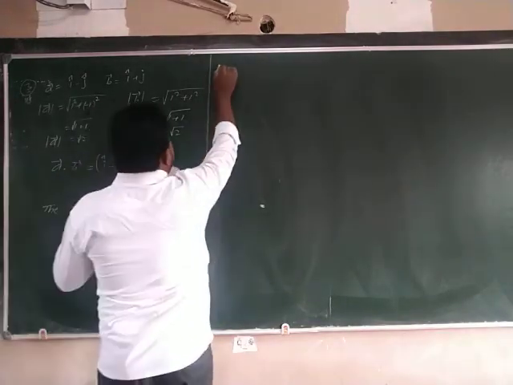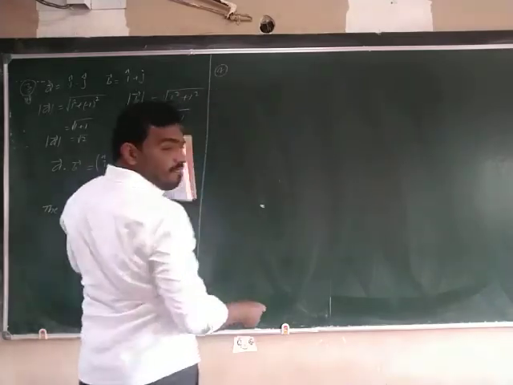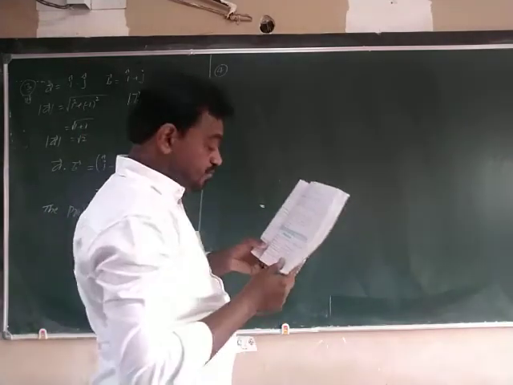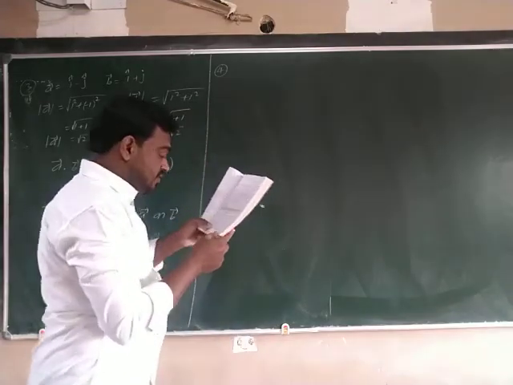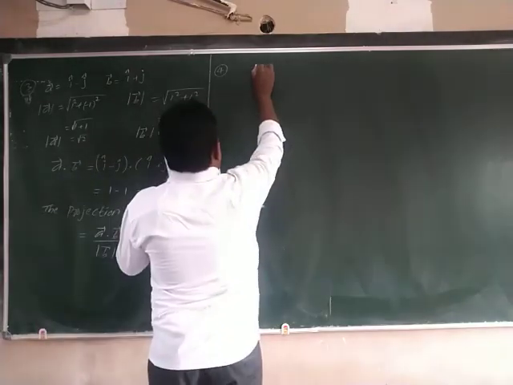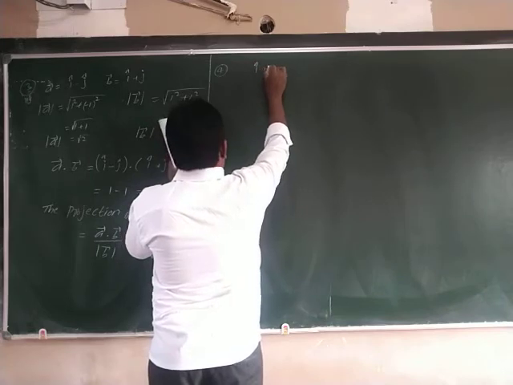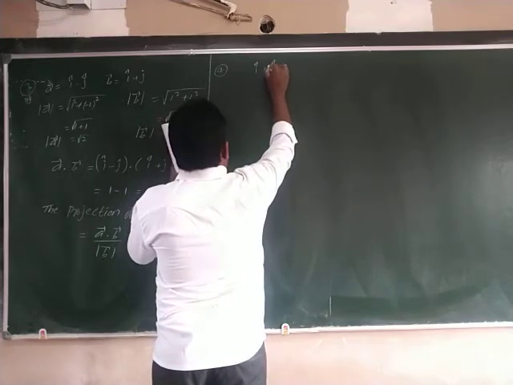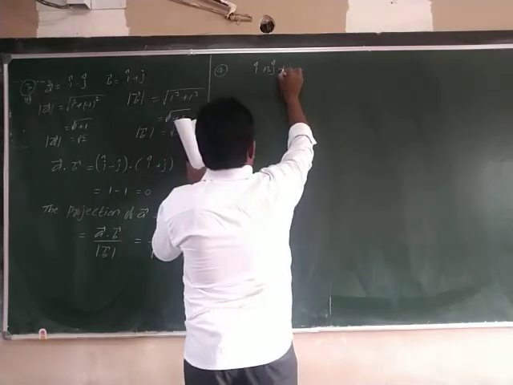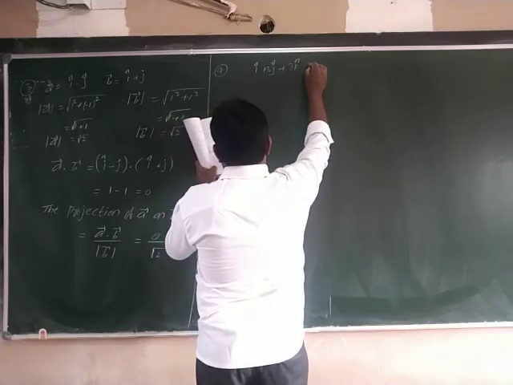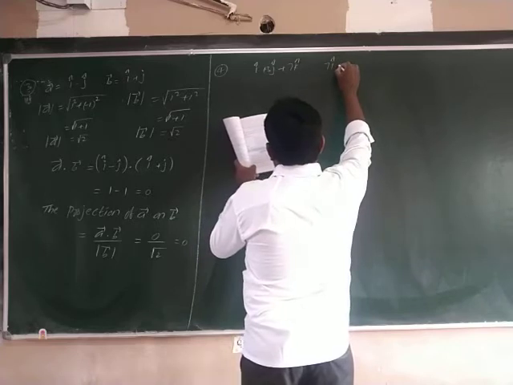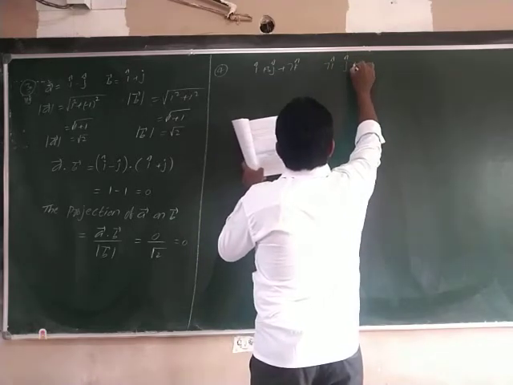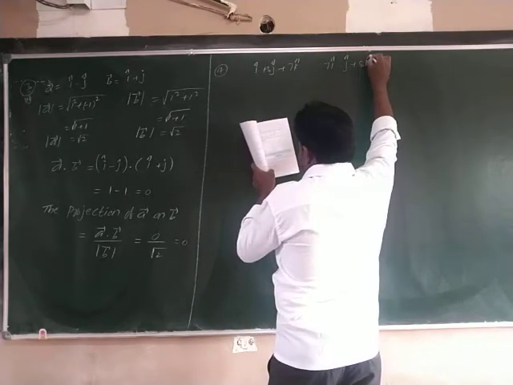Now the fourth question. Find the projection of the vector i cap plus 3j cap plus 7k cap on the vector 7i cap minus j cap plus 8k cap.